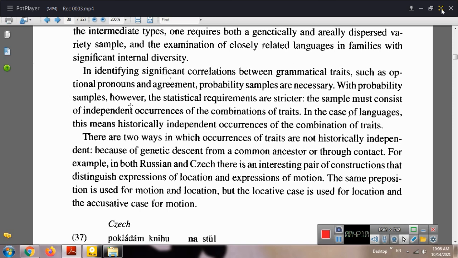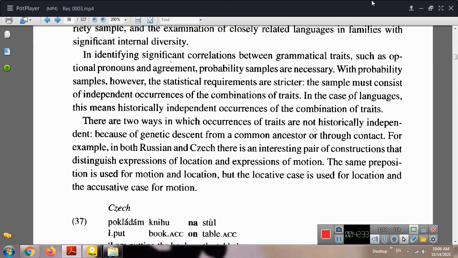With probability samples, however, the statistical requirements are stricter. The sample must consist of independent occurrences of the combination of traits. In the case of languages, this means strictly independent occurrences of the combination of traits.